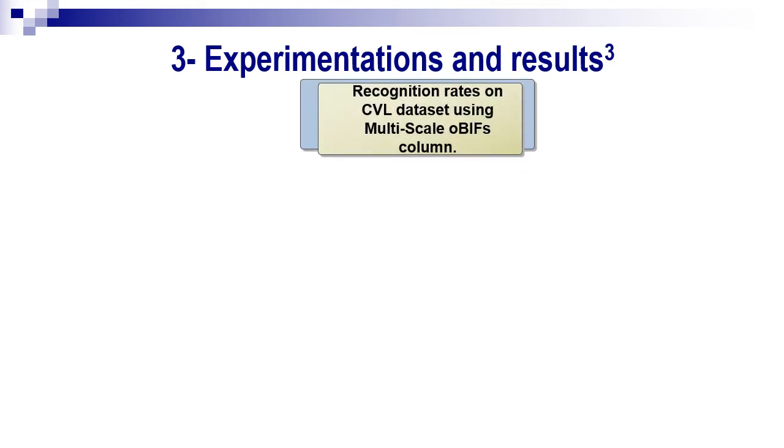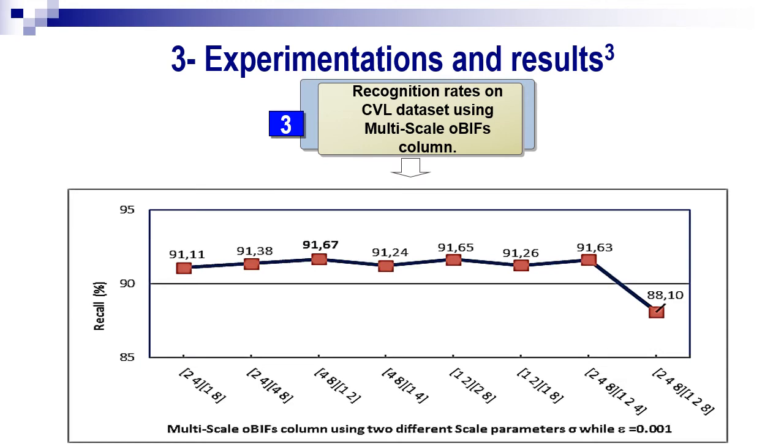It can be seen from the previous figure and the following figure that the proposed multi-scale OBIF columns outperform the OBIF columns. This is due to the cross of the best two multi-scale OBIF images.